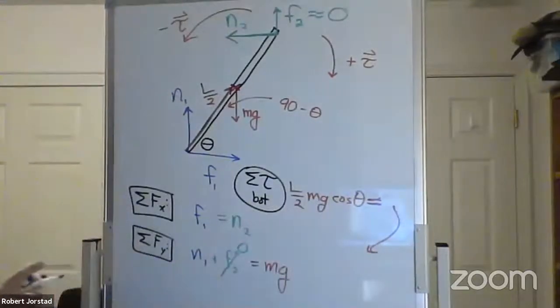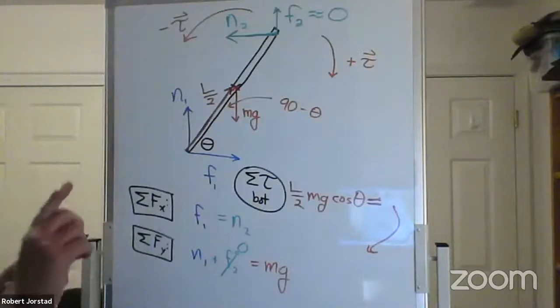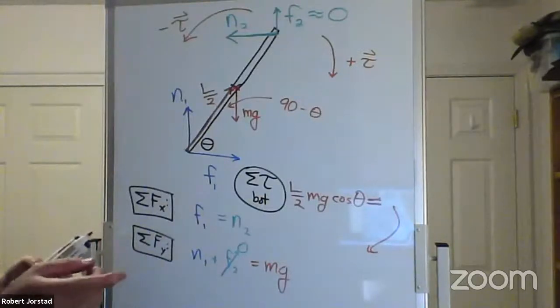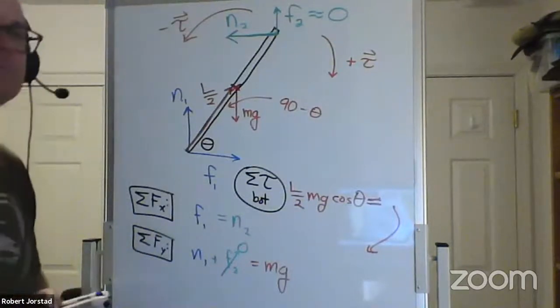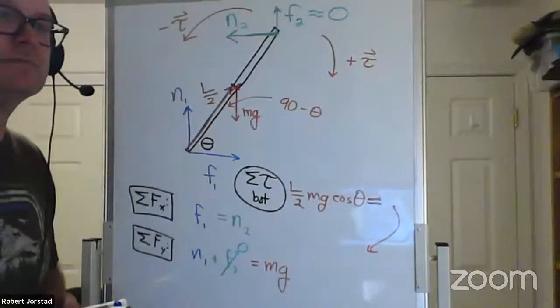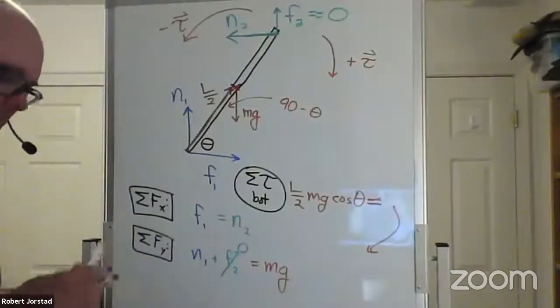Somebody other than Jesse or Alonzo, they both contributed here, and Alan also did. So somebody other than those three, what's the other force causing a torque? N2. Yes. So what does the torque do to N2?